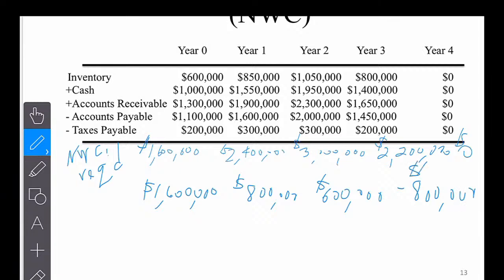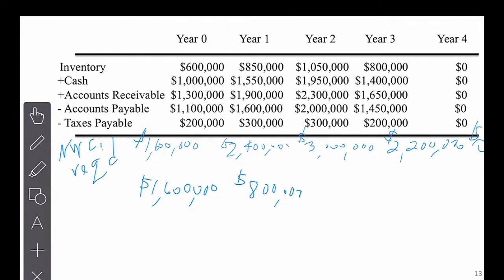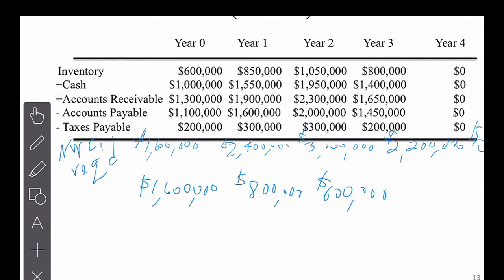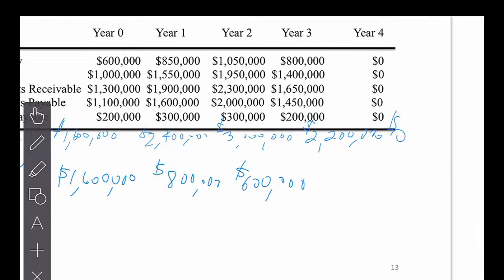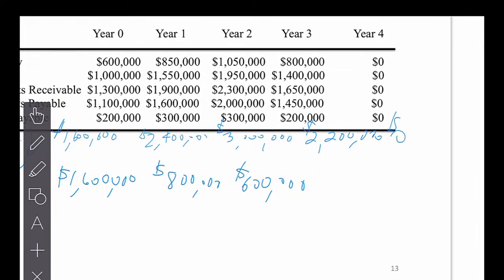Let me do that again. I'm just going to put it down here. So then I need $800,000 by the end of year 3.